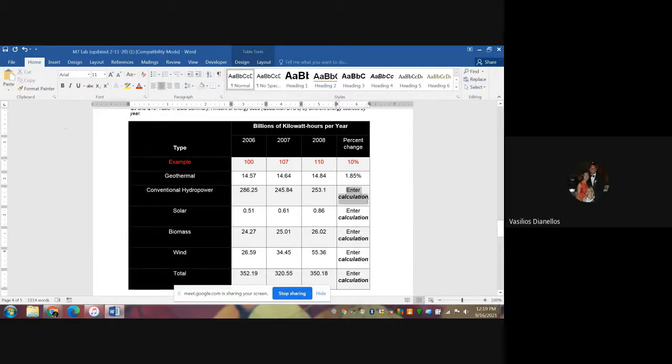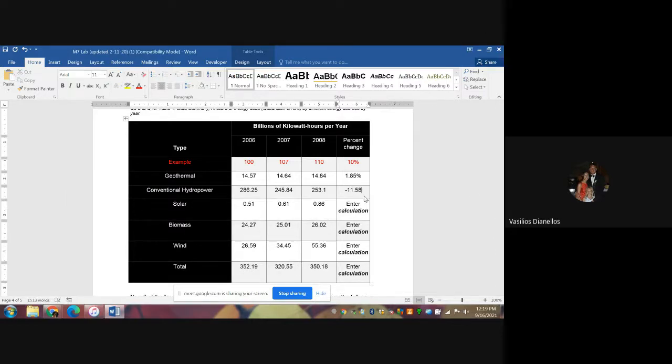So I write that right here. Negative 11.58%. And again, looking over this, I'm not going to double check every single one of your calculations, but I'll be looking at it. I can tell by the fact that we went from 286 to 253 that this percent change should be a negative percent change.